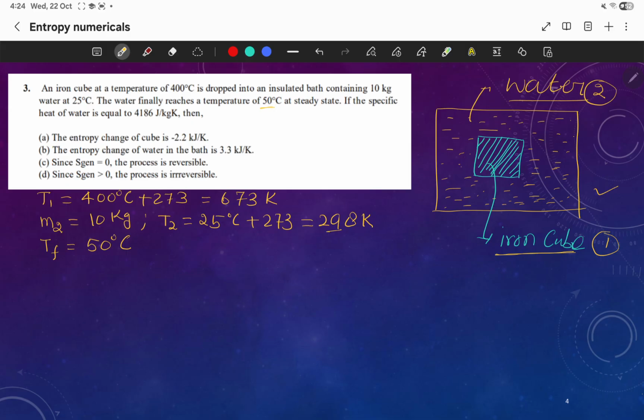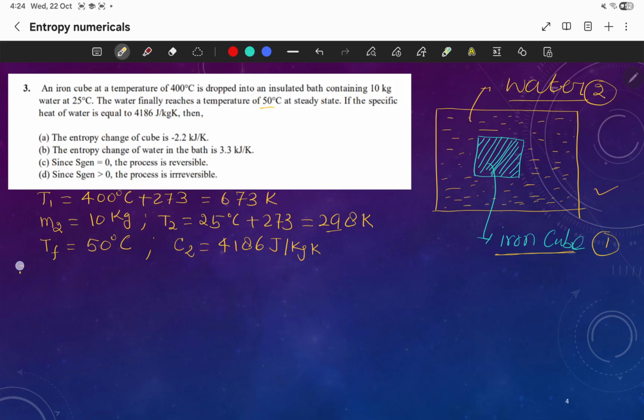T final is 50 degrees Celsius in steady state, and the specific heat of water is 4186 joule per kg Kelvin. So C2 value is given. Then it is asking what is the entropy change of the cube and of the water. These things are given. Now let's try to solve the question.